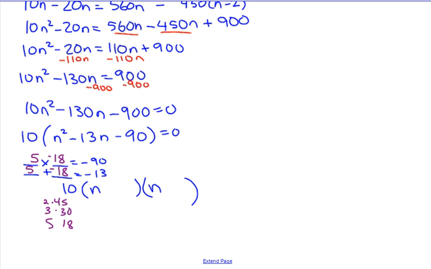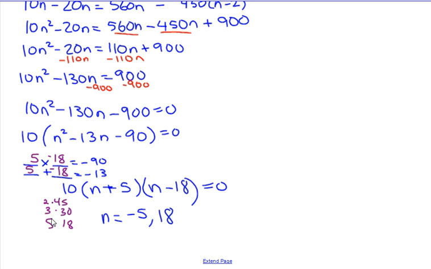Just go n plus 5 and n minus 18 equals 0. So we get our solution, n equals negative 5 or 18. Which one of these can we reject?